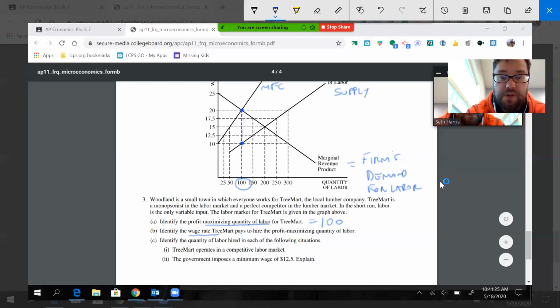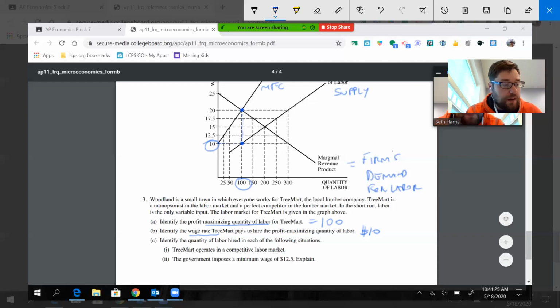Because this firm is the only employer in town, they're able to offer a much lower wage, at the supply curve of labor. So over here, we find that to be $10. It's really just the mirror image of finding a monopoly price. You find this point, which gives you your quantity, and then you travel down to the supply curve, and you get a wage rate of $10.